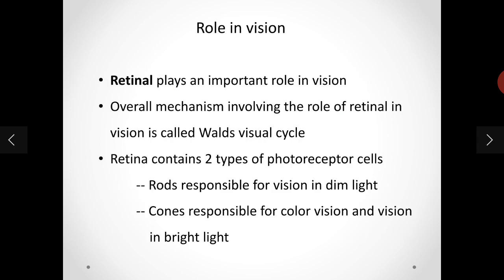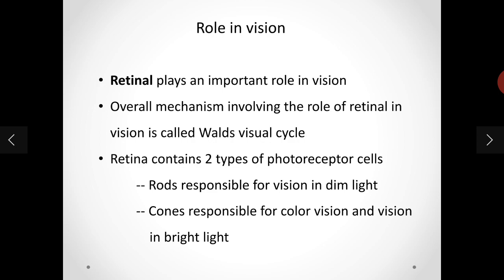So coming to the role in vision, retinal, the aldehyde form of your vitamin A, plays an important role in vision, and the overall mechanism of the vision cycle is called Wald's visual cycle in the retina. The retina contains two types of photoreceptor cells: rods and cones.